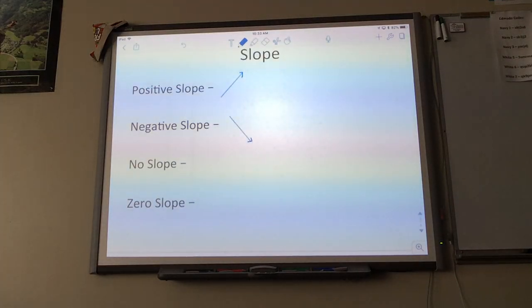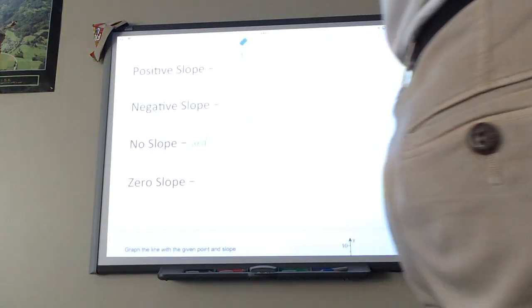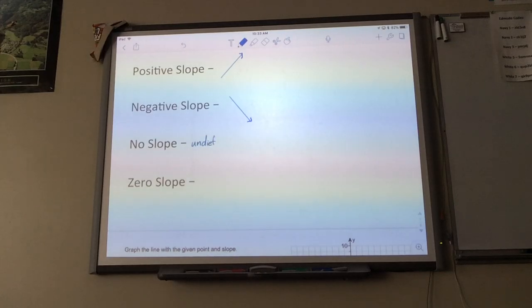No slope is the same thing as undefined. And I know I spelled this wrong, I'll explain it. The easiest way I've found to remember this is to look at the first letter.